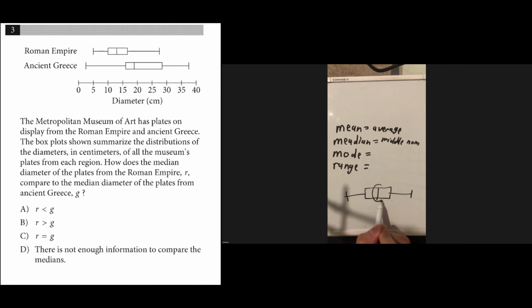And so we have to look at these for the Roman Empire and ancient Greece, and the Roman Empire has a lower value than ancient Greece. So the correct answer would be A. Because as you can see, the Roman Empire is like 13, and Greece is like 19.